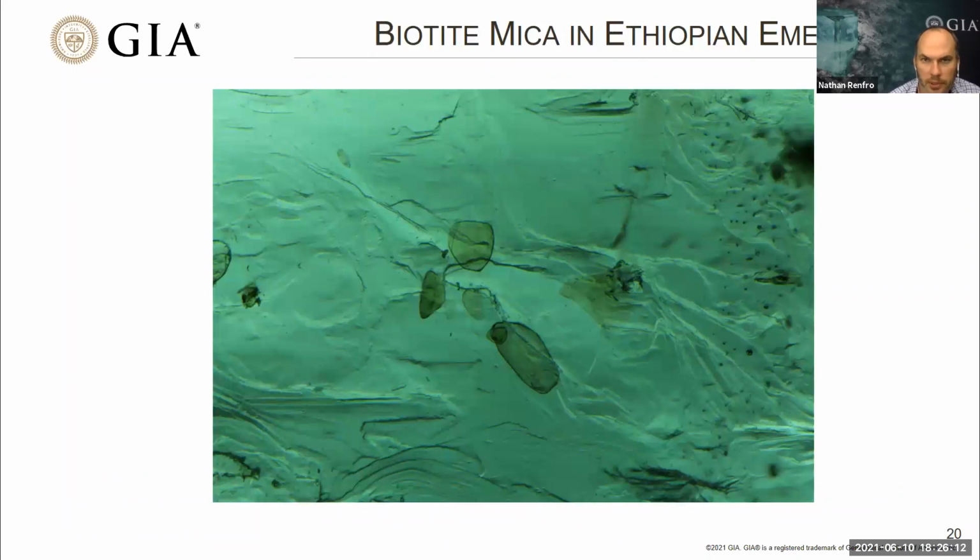Here's another example of biotite in an emerald, these dark brown crystals just below the surface. This is an unpolished prism face, and this is an emerald from Ethiopia with some biotite mica inclusions. As far as the schist-hosted emeralds go, this is probably the most common type of solid mineral inclusion that you'll see.